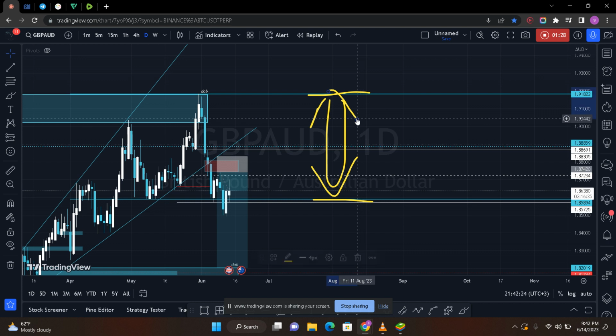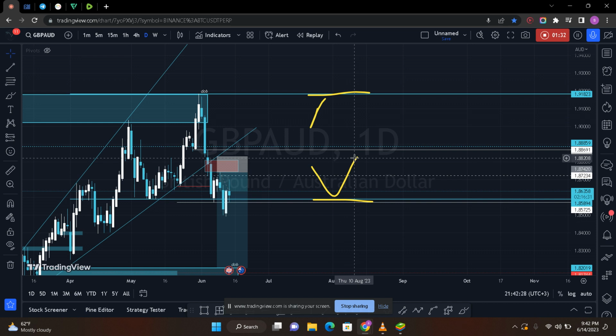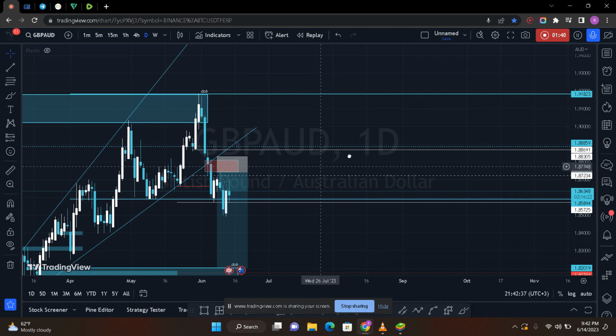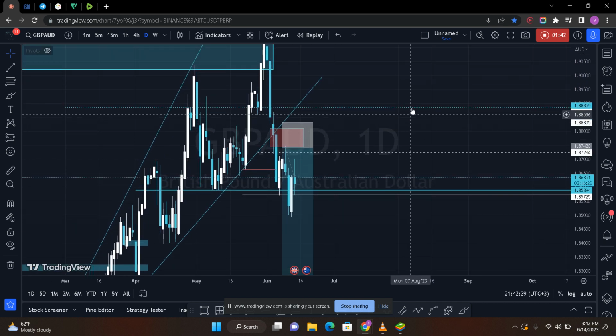Then I also highlight the previous week's range, but I've color coded them differently. So the previous week's range is this right here. So this white horizontal ray, this other horizontal ray, and the mid-range is this dotted line.